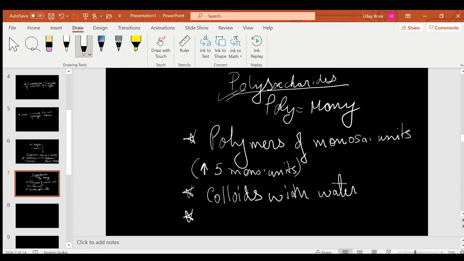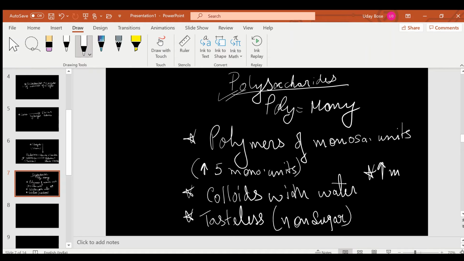They are tasteless, non-sugar, and they have high molecular weight, which is approximately millions. So these are some important points regarding polysaccharides.